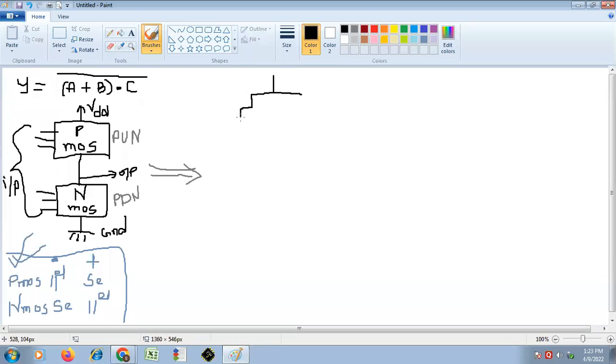So this one is A, this plus is nothing but series, so this one is B. Now dot C. This C is in parallel, so you have to connect this C in a parallel fashion.